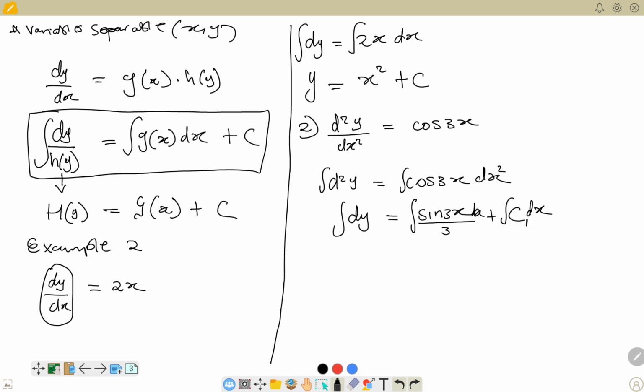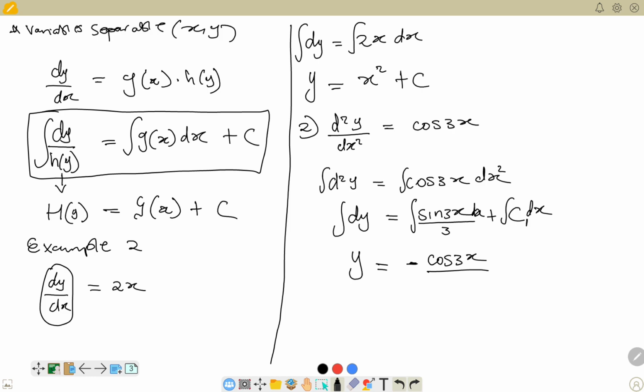Let me call this constant c1. If I integrate dy, I'll get y. But now when I integrate sine, it gives me a negative cos 3x. It's supposed to be negative cos 3x over 3.